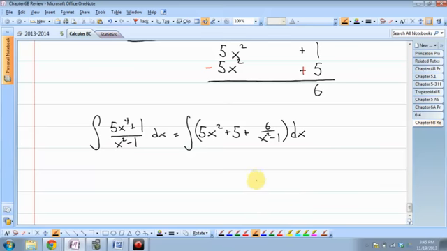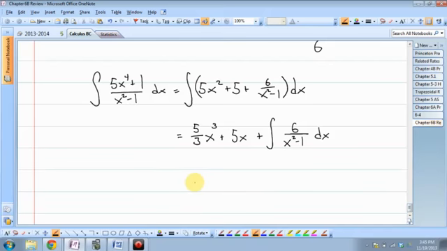Okay, we can integrate the first two terms. The first term is 5/3 x cubed. Second term is 5x. And then that last term, we're just going to rewrite it because we have to do something special for that last term. That's what we're going to be working on.